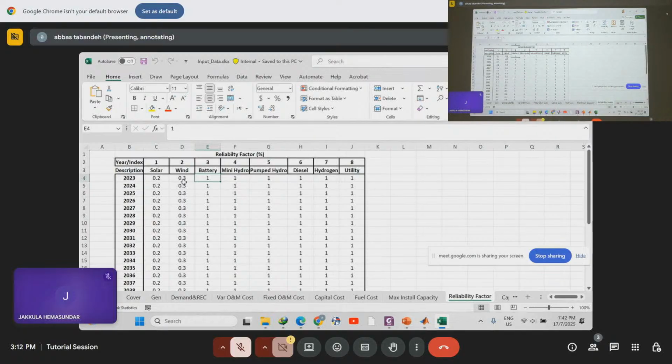That is why we have used these factors for them in our problem. If we would like to address the emergency loads, we need to consider these factors, because to support emergency loads, we need more reliable technologies.